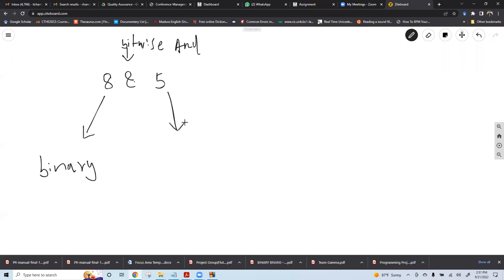I mean, we don't have to convert them into binary separately because internally those are represented in binary. So we get those binary values and perform AND.